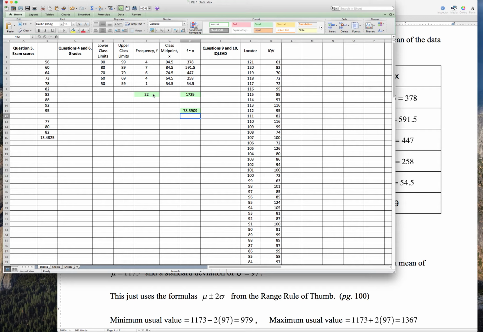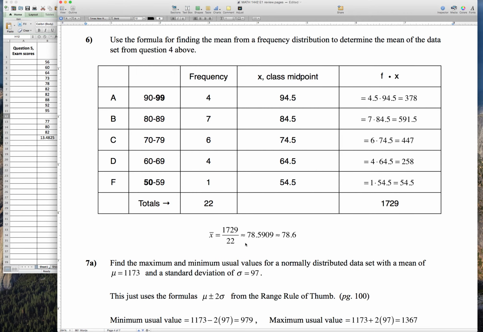So this is an estimate of the mean from a frequency distribution. And I believe we can see here that that's exactly what we show on the document, on the review.